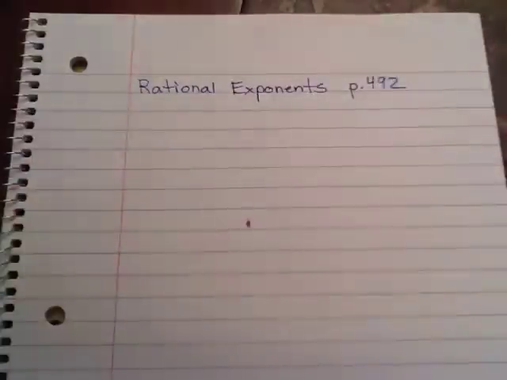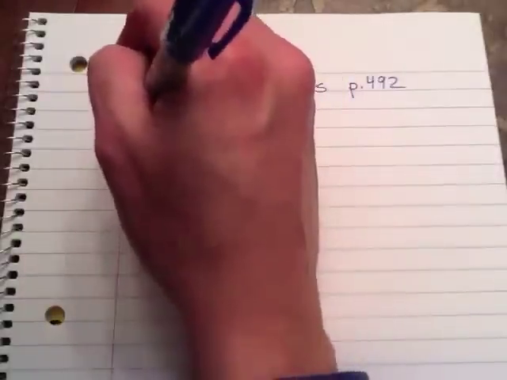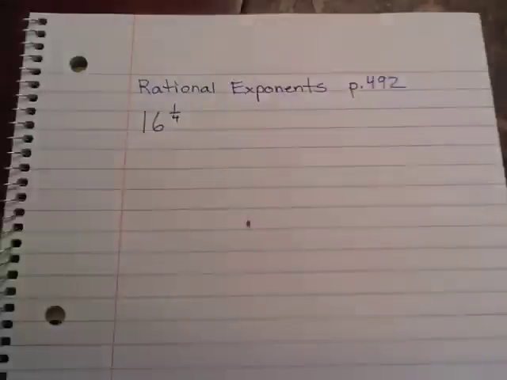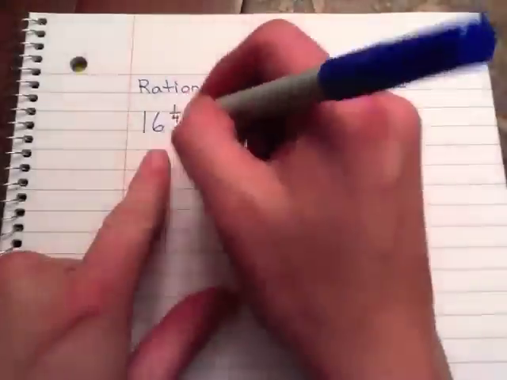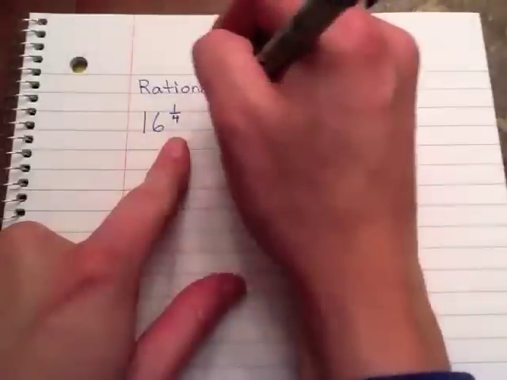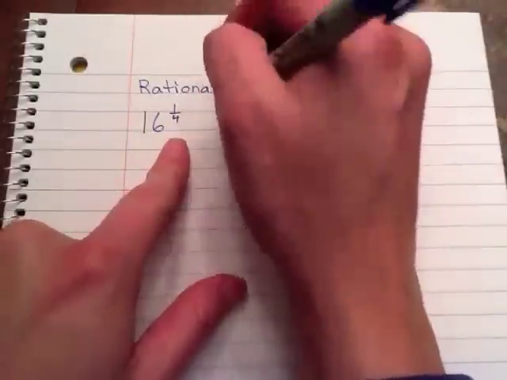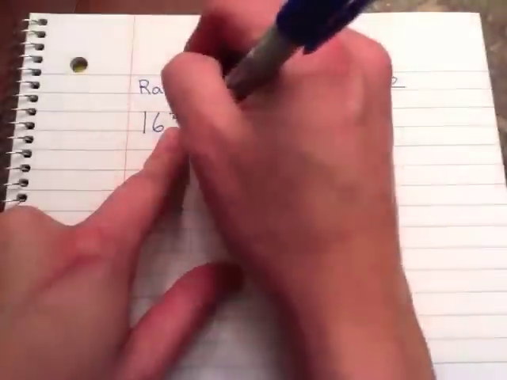It's not in an actual lesson. And what you're looking at is something like this. If you have 16 to the 1/4 power, so we have a fraction in our exponent, what this means is that we have 16 and we're looking at the root here, so it's the 4th.